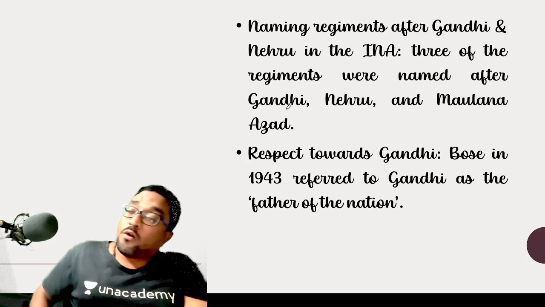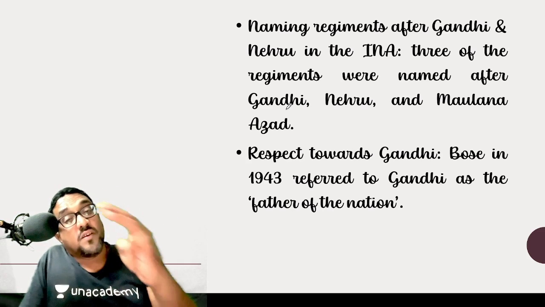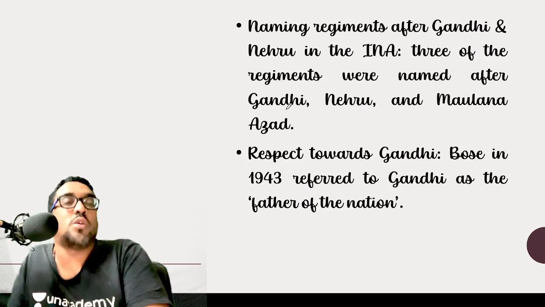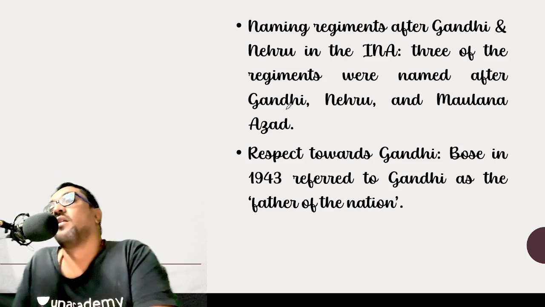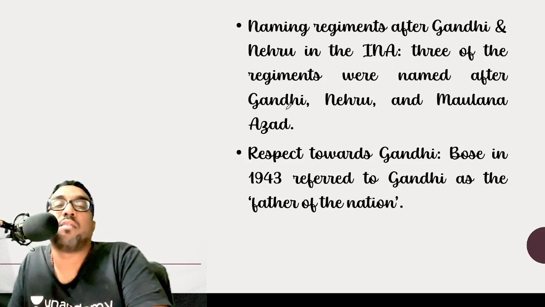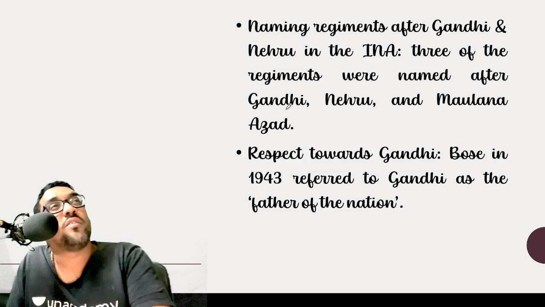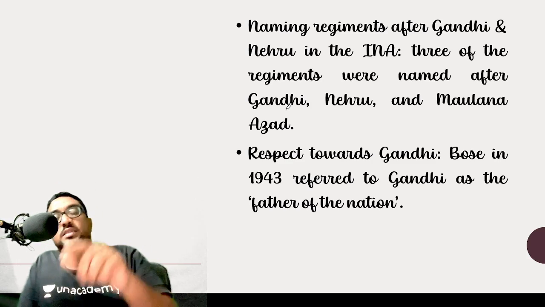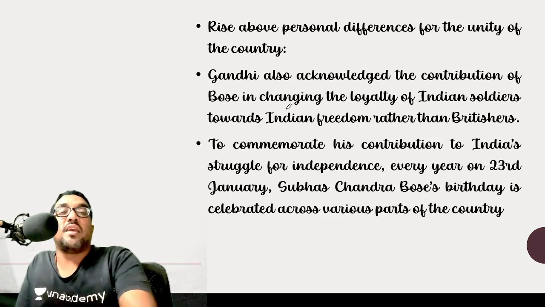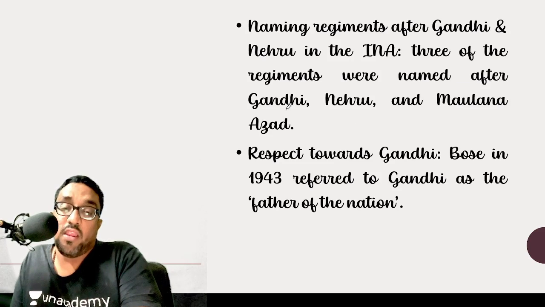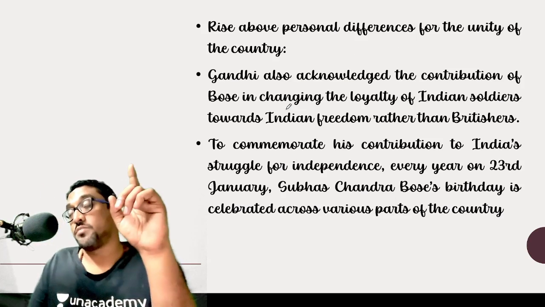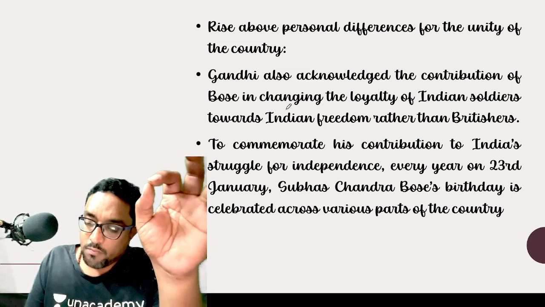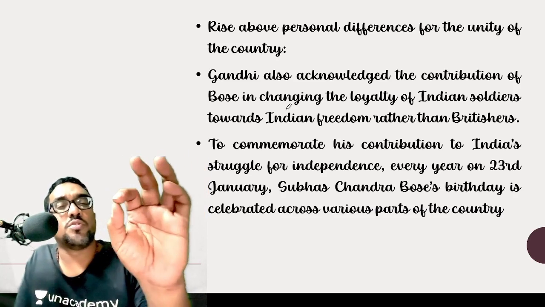Also, when Bose formed the Azad Hind Fauj, he named three of his regiments after his gurus or Congress leaders: Gandhi Brigade, Nehru Brigade, Maulana Azad Brigade. In 1943, Subhash Chandra Bose was one of the first persons to refer to Mohandas Karamchand Gandhi as the father of the nation, Rashtrapita. See, Bose always rose above political differences and personal differences for the unity of the country.